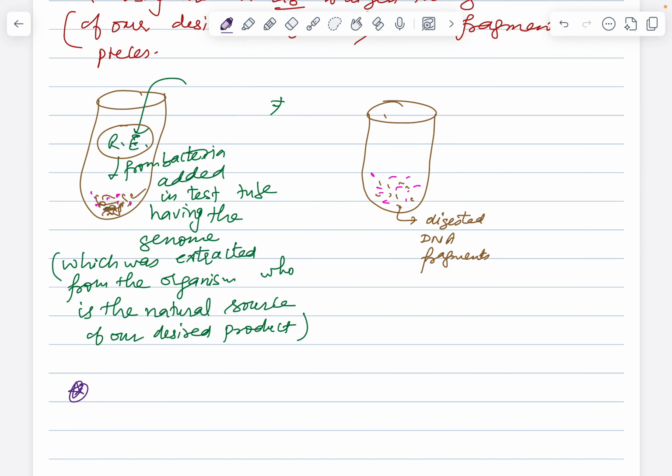There are two more scientists whose names are worth mentioning here, Smith and Nathans.